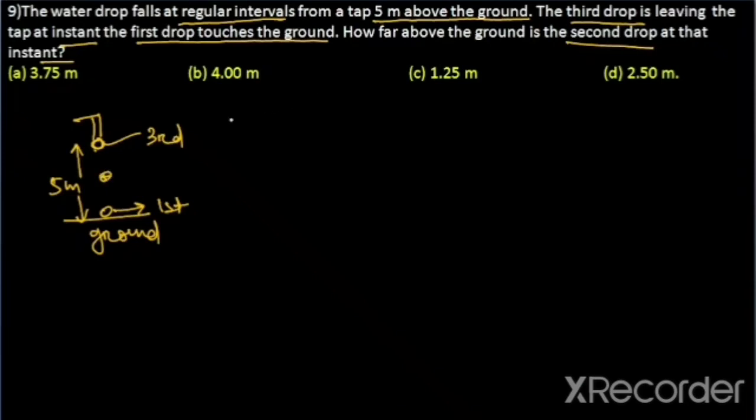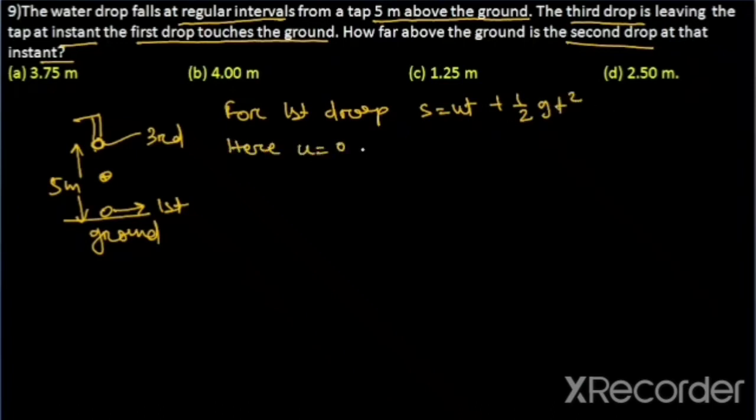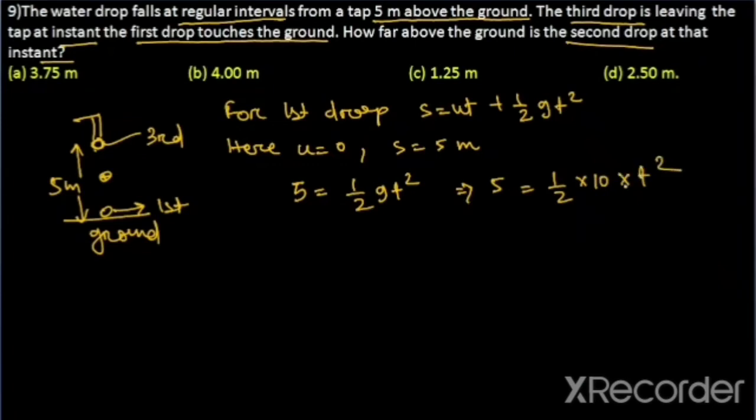So let's find out for the first drop. S is equal to ut plus half gt square. Here u is equal to 0 and s is equal to 5 meter because it has completed 5 meter. It is on the ground. So 5 is equal to half into 10 t square.